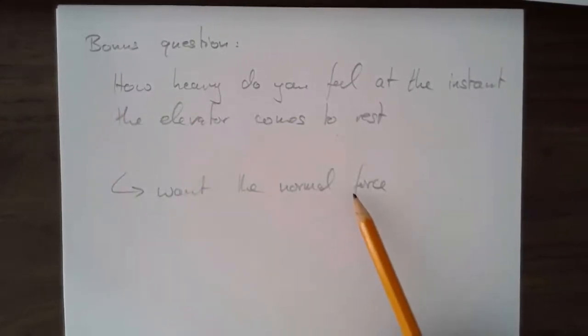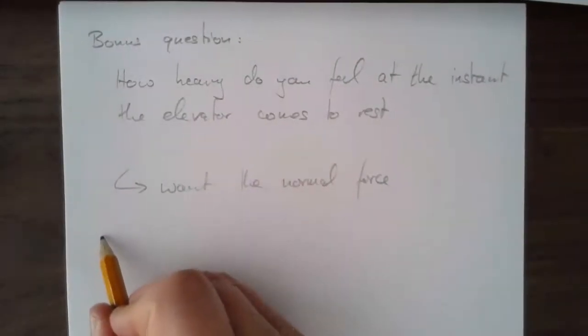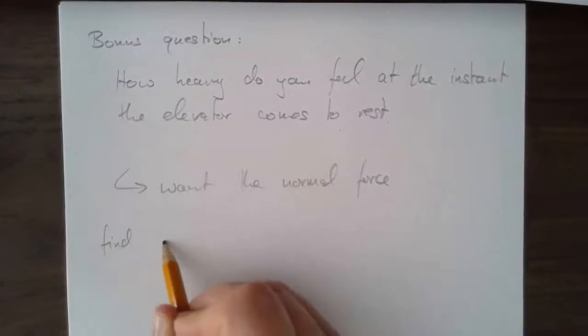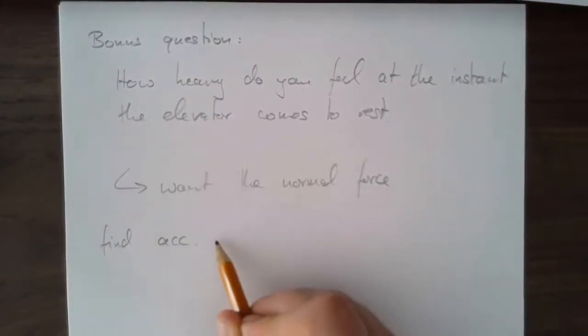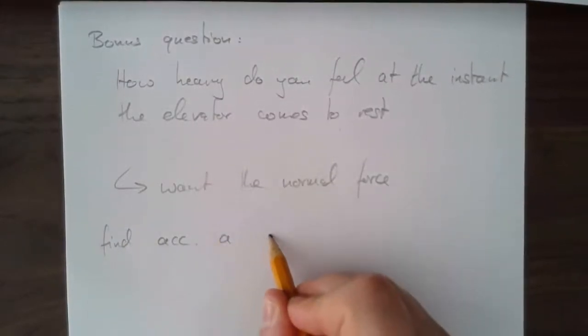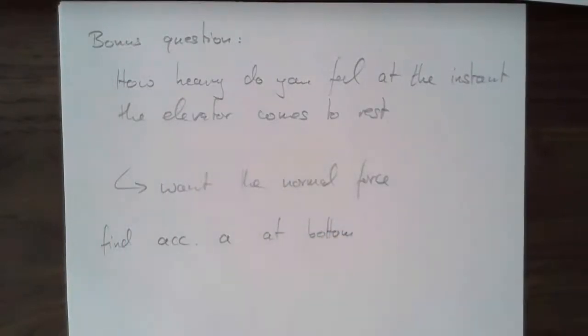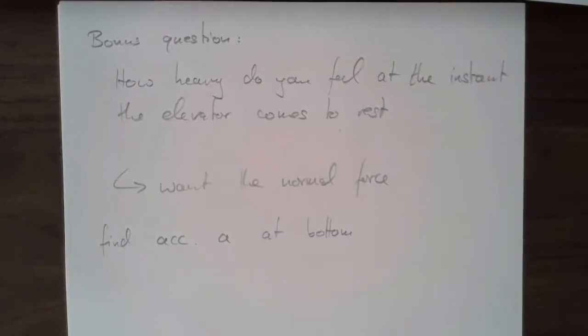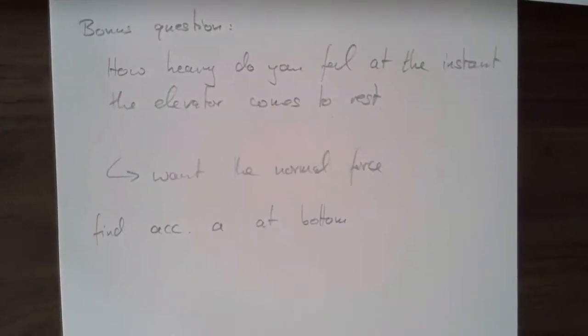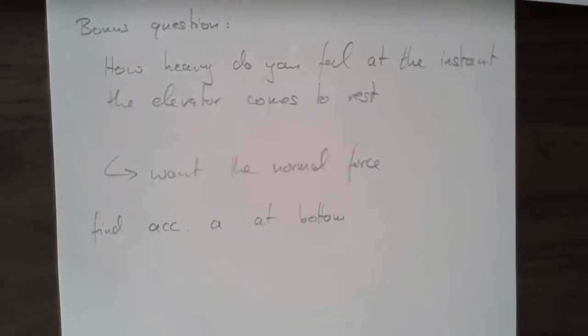So how am I going to find this? Well, I'm going to find the acceleration A at the bottom. That's what I want to do. Well, I can find the acceleration of the elevator, and that's also going to be the acceleration of anyone inside the elevator.